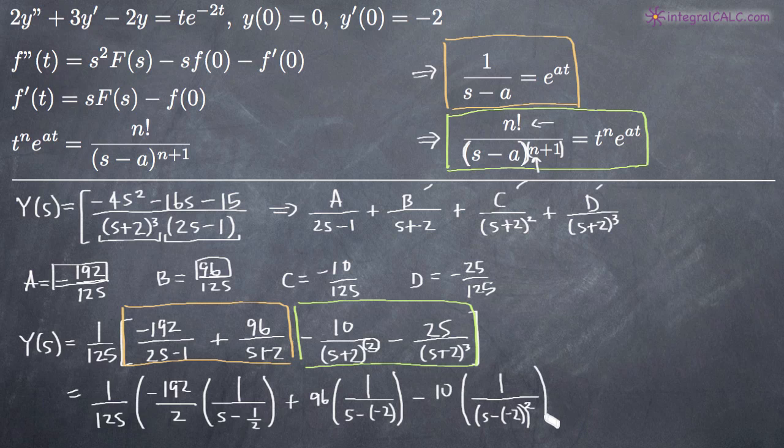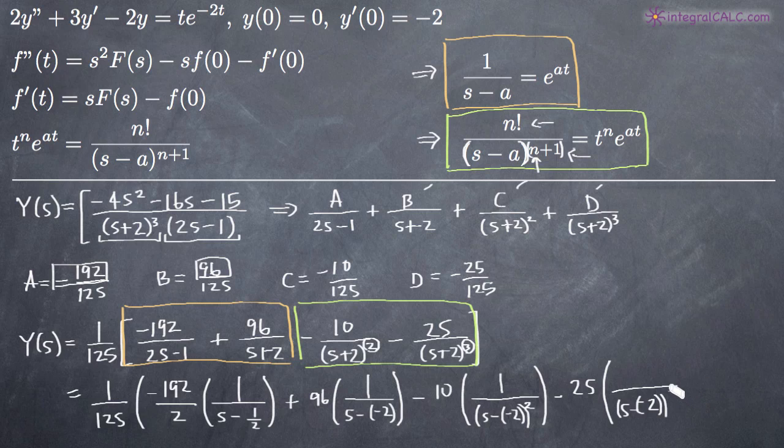Then for our fourth term, we'll do a similar thing. We'll pull out the negative 25. Then we've got this multiplied by, in the denominator, we'll have again s minus a negative 2. Then the exponent here, we have a 3, which essentially is 2 plus 1, right? If we're looking at the exponent here, n plus 1, if our exponent is equal to 3, then n has to be equal to 2.